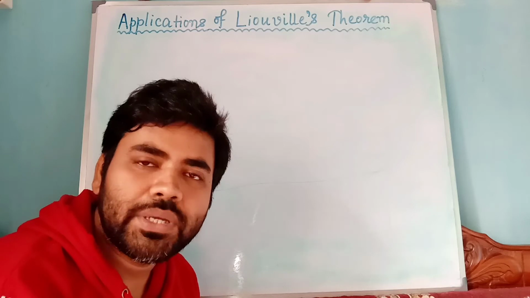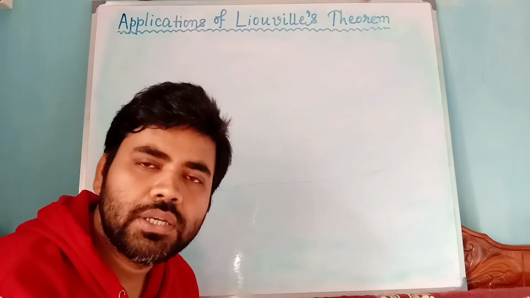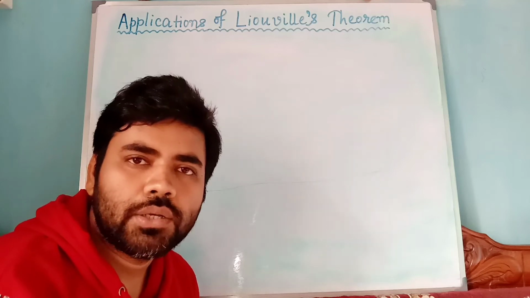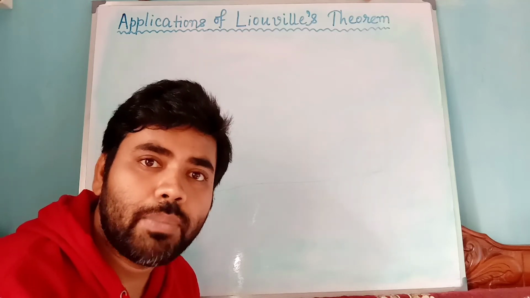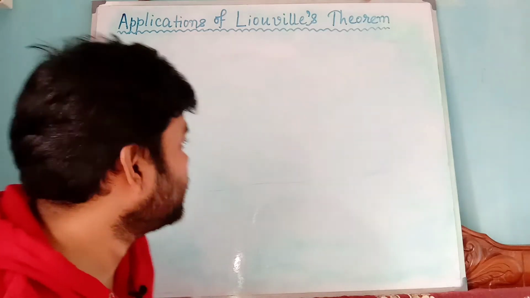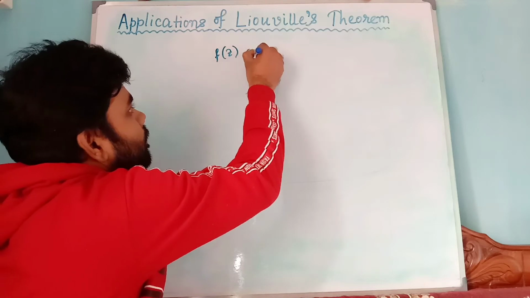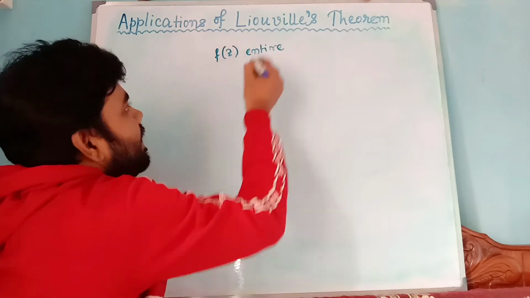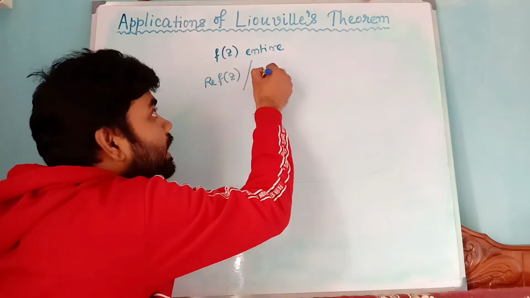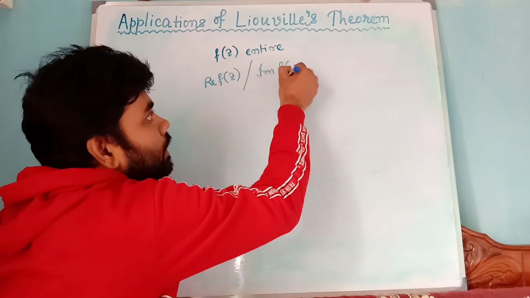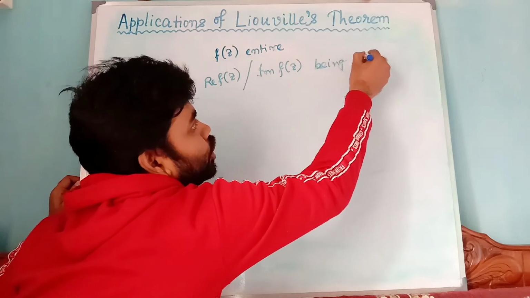Now we will check whether the boundedness condition in Liouville's theorem is a necessary criterion or not. Simply saying, it is not. Why? Because we can replace the boundedness condition in Liouville's theorem by a very simple condition. What? If f(z) is entire and real f(z) or imaginary f(z) is bounded.